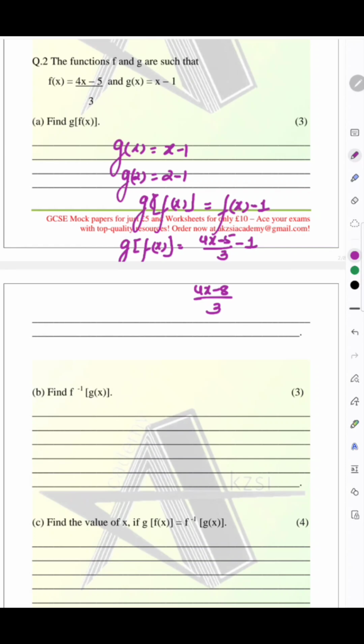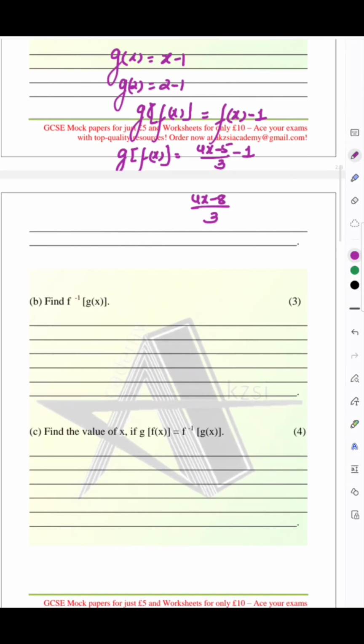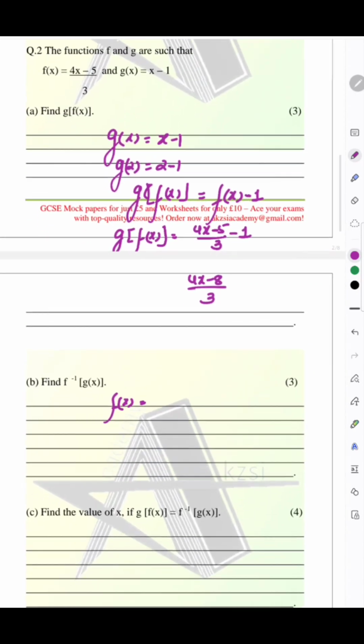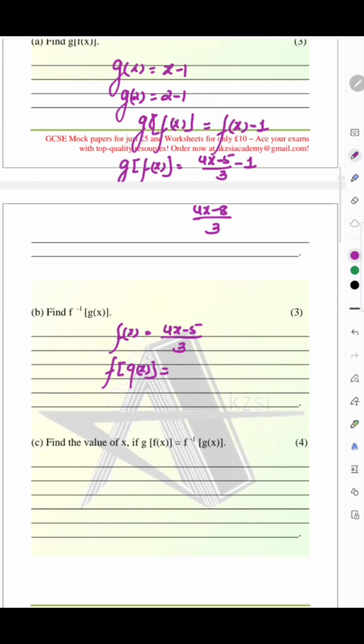The next is f inverse of g of x. That means we first have to calculate f of g of x and then take the inverse of it. So first, f of g of x: for that I write f of x, which is (4x minus 5) over 3. I need to replace x with g of x, and g of x is x minus 1.